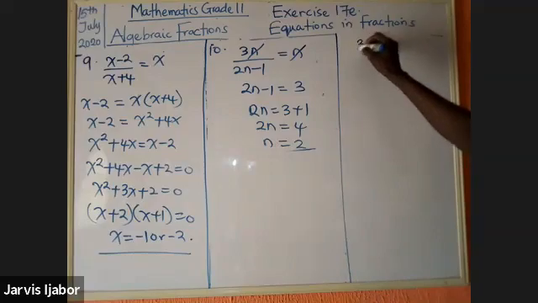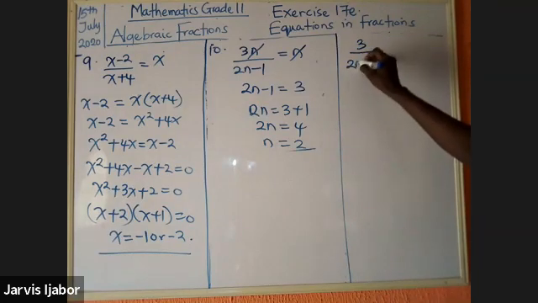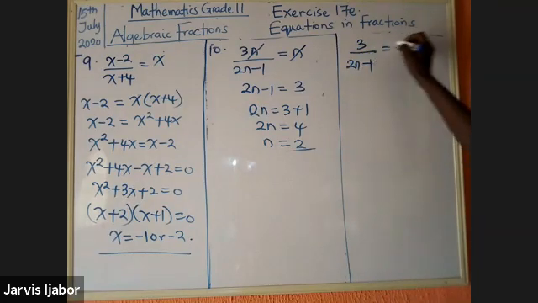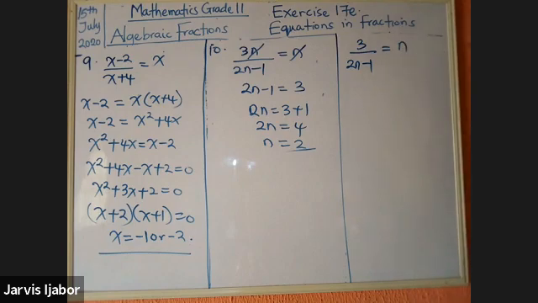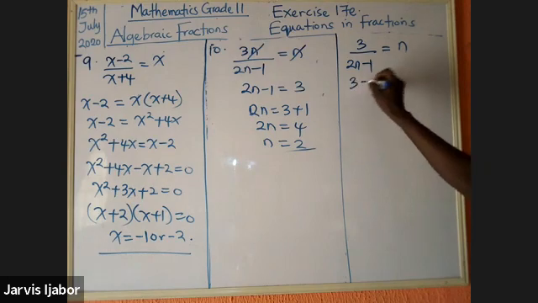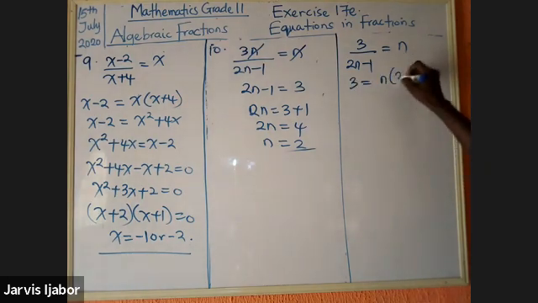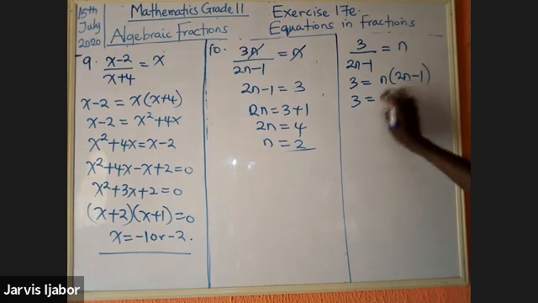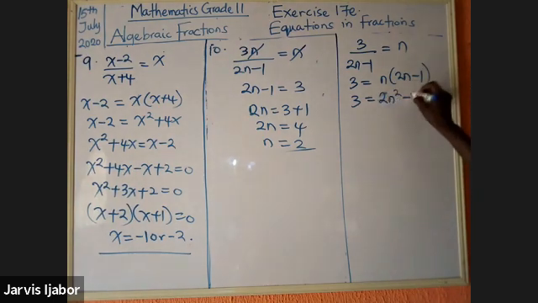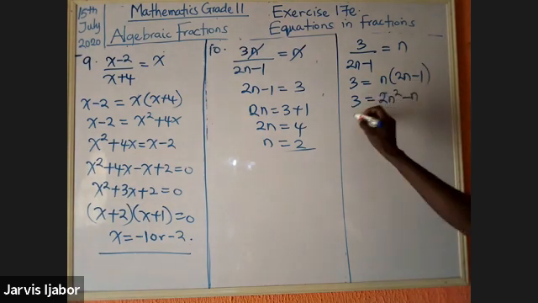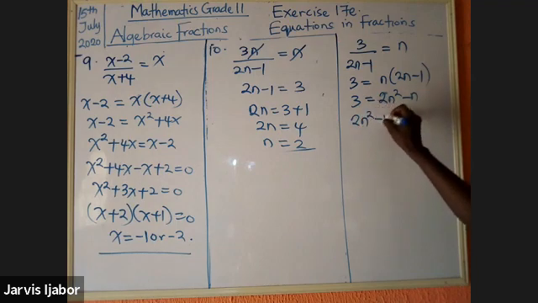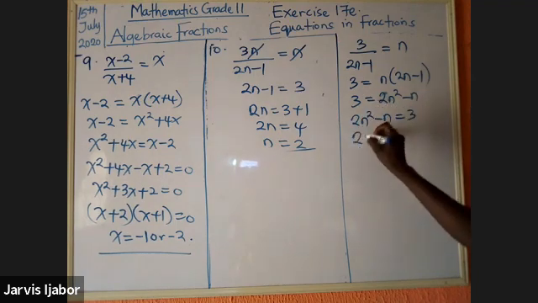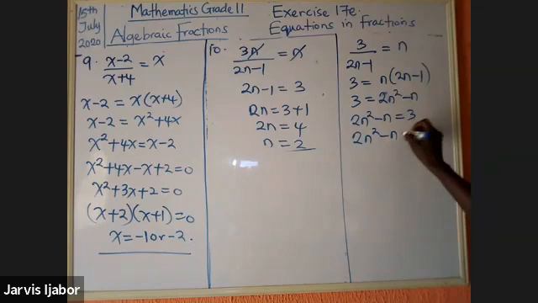Let's say maybe the question required us to solve this. That's what I'm thinking the question would have wanted us to do. So this will now be 3 equal to n into (2n minus 1). That means 3 will be equal to 2n squared minus n. So I will write it, this will be 2n squared minus n equal to 3, meaning that 2n squared minus n minus 3 will be equal to 0.